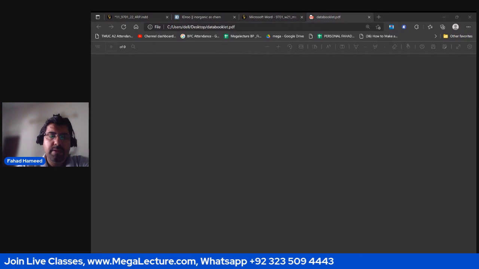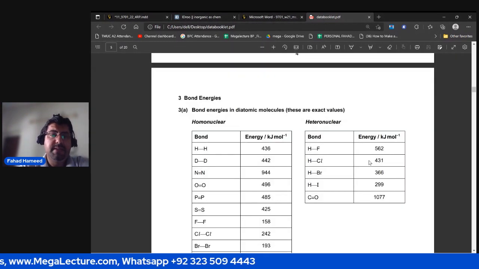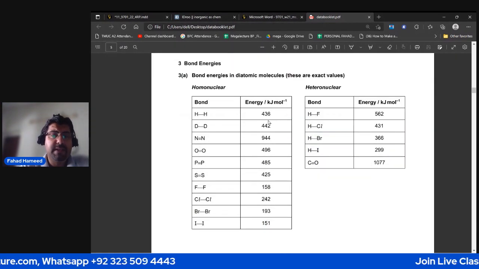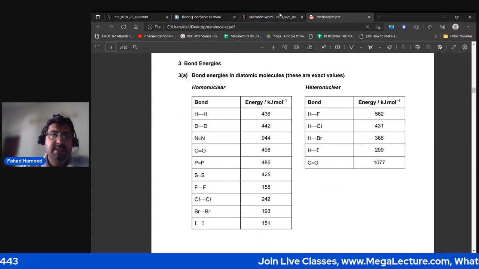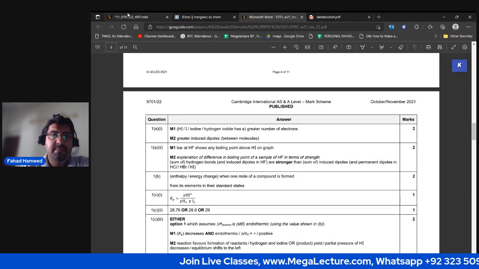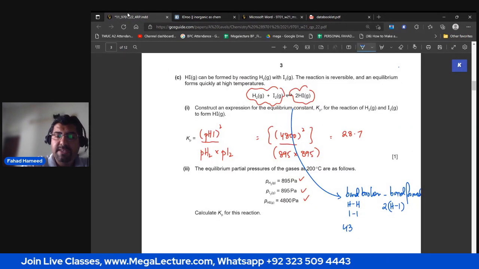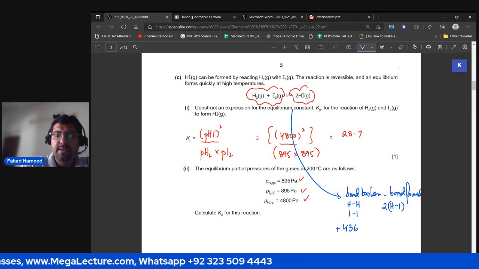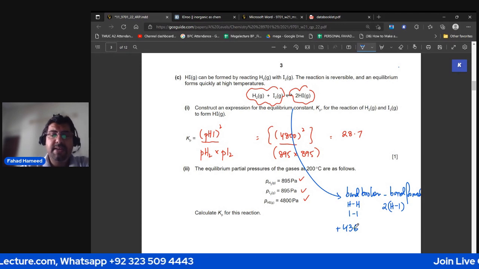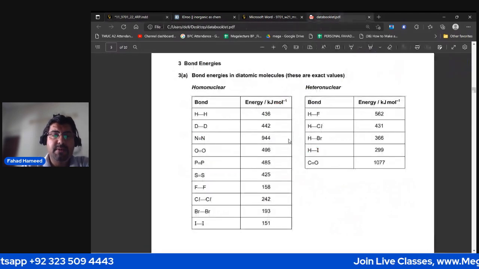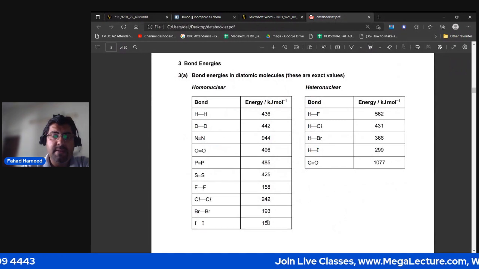Now this one, no, it's still not there. I just have my data booklet over here. Breaking HH, that's 436. So let's put that. HH is 436. That's going to be endothermic. I need to break the II bond as well. In the data booklet, the II bond is 151.